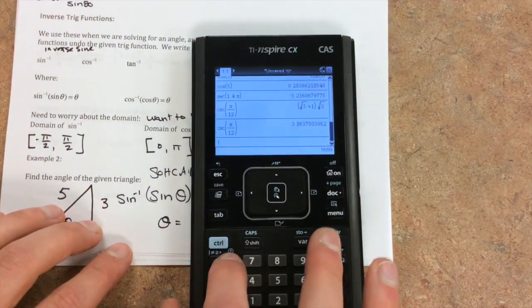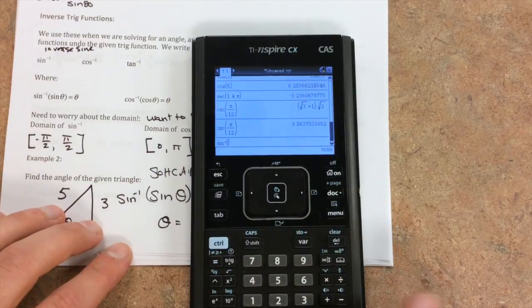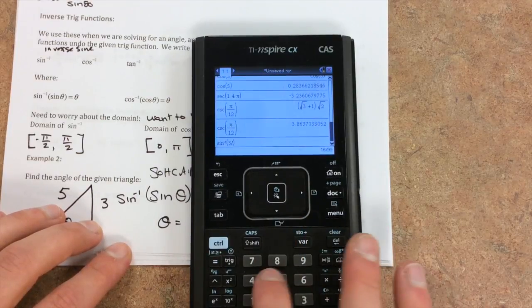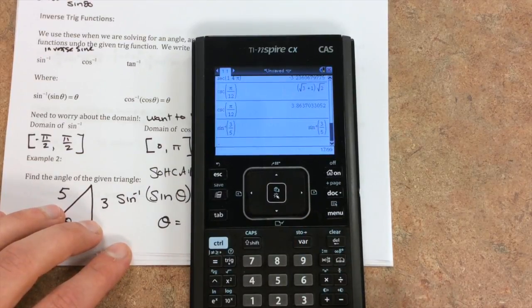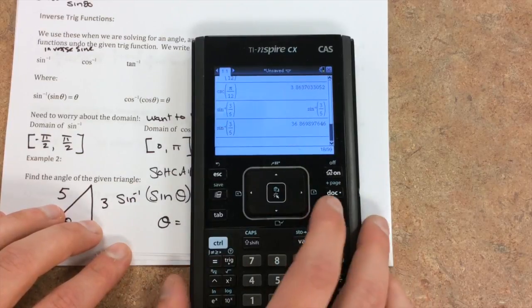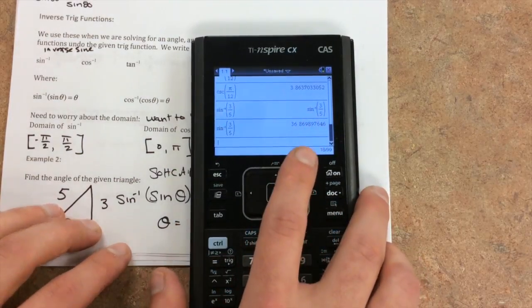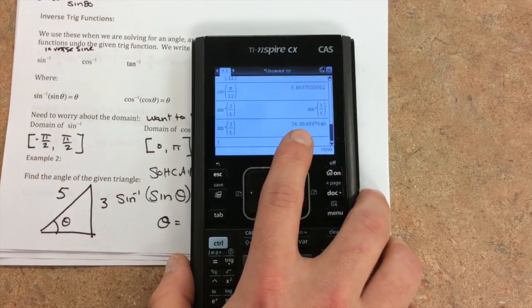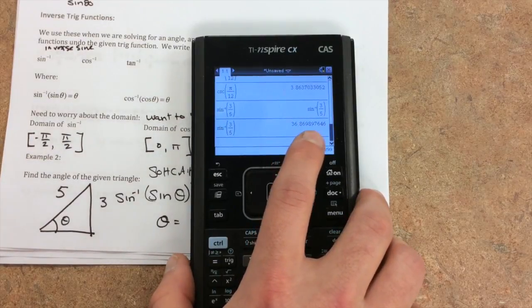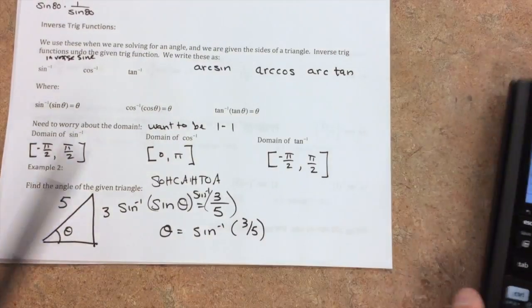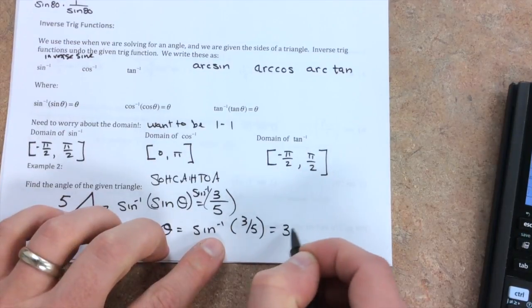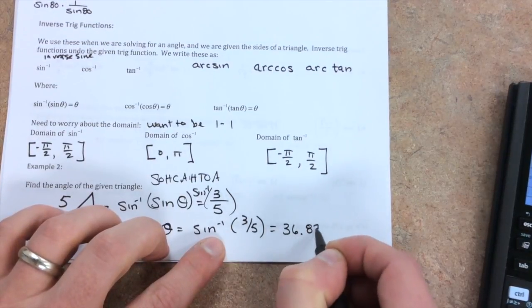If I hit the trig button and I go down to inverse and I want 3/5, if I hit enter, I get my angle in degrees, 36.8687. Okay, so this is 36.87 degrees.